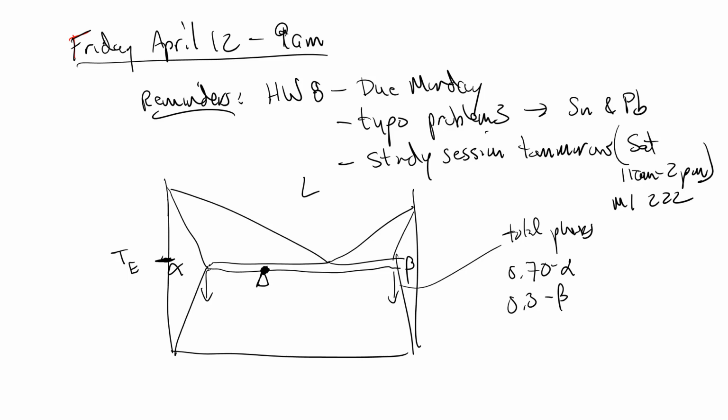And you can figure out the composition of each phase too. The composition of the beta phase is about 98 right here. The composition of the alpha phase is about 18.3 weight percent tin. So that's the total phases. That always works. But if we want to know the microstructure, I'm going to go to the next slide.